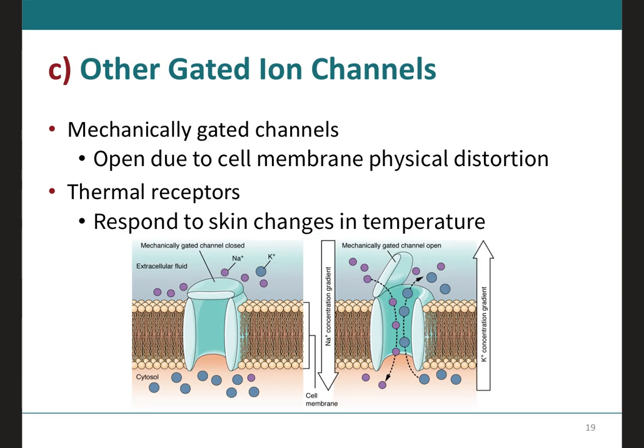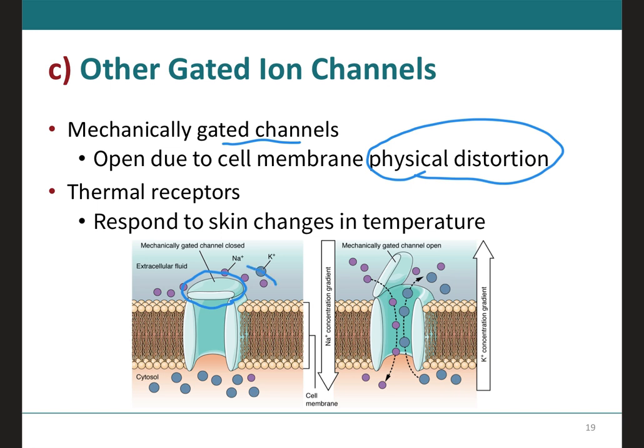With regards to the other channels that are gated, we have two examples here. The first one is what we call a mechanically gated channel, and this has to do with actually a physical distortion of the channel. So once you have, for example, a touch or a pressure, you're physically distorting that channel. Therefore, the channel will open. So in this example over here, see how we have the channel closed?